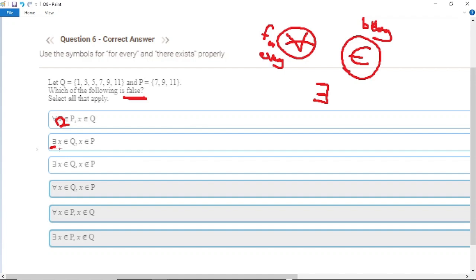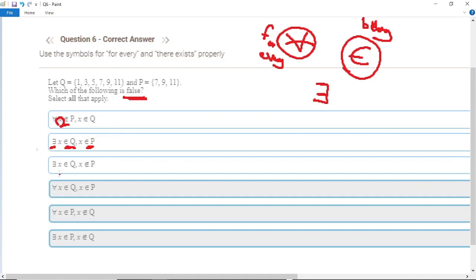There exist x belong to Q. That means there are some numbers here belong to Q, will belong to B. Let's say here I have 7, 9, 11 in Q, will exist in B, which is a right answer also, but I cannot select it because it's asking for false.